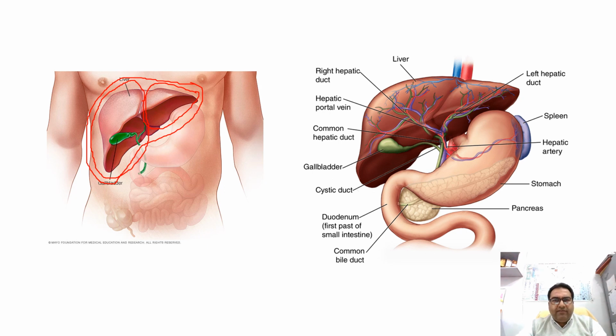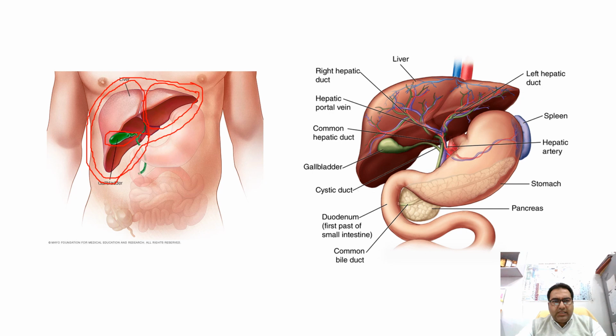A pyriform yellow green sac, the gallbladder, is present on the inferior surface of the right lobe.